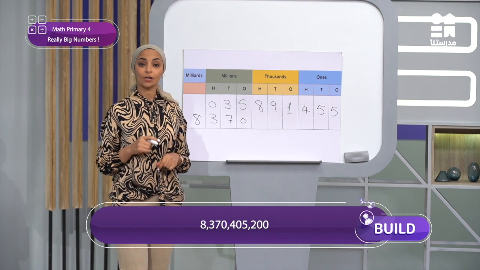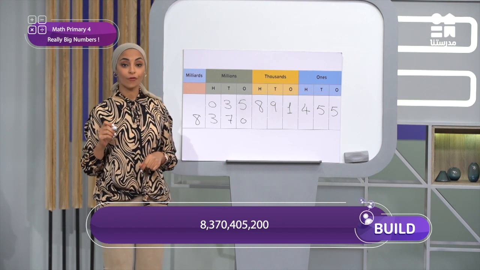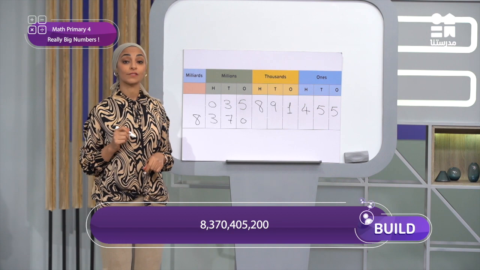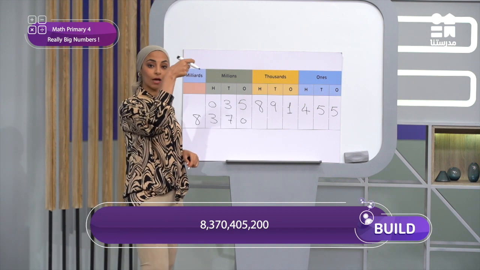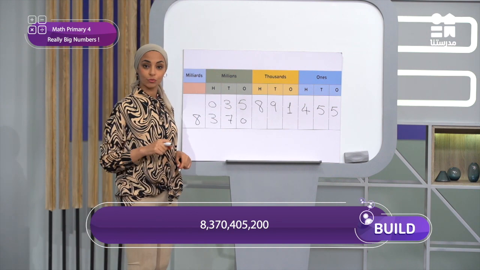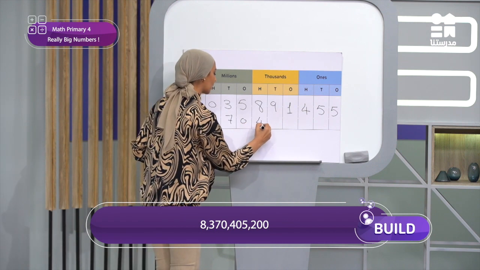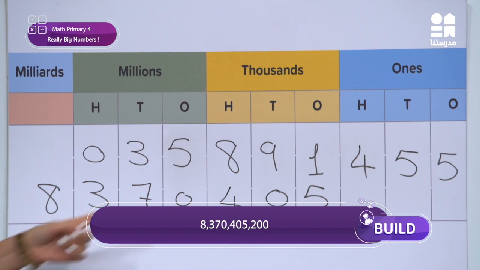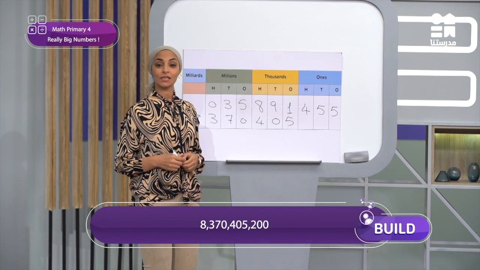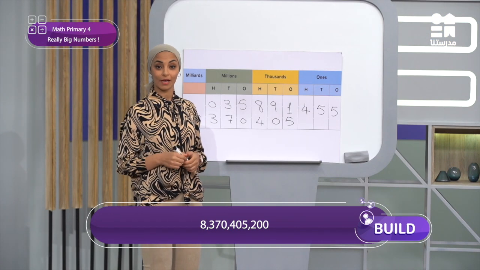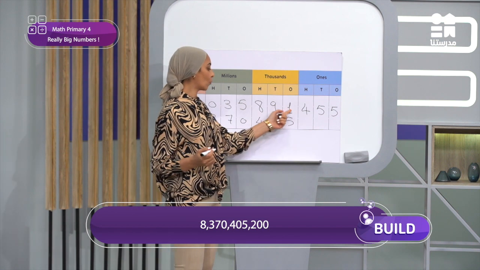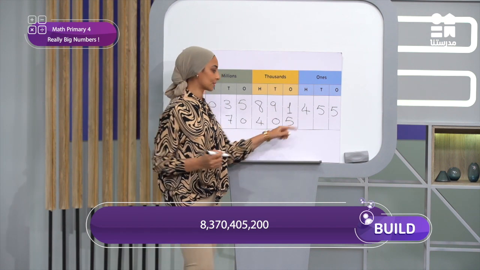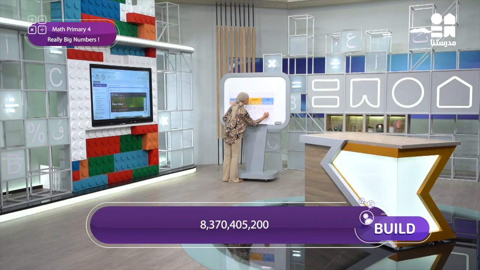As you see here, I have 405 what? 405,000. So I put the number under the thousandth house, okay? 405. Now let's move to the last house. What should you see here? Yes, I have 200 as you see. So where should I put the 200? Yes, like this, I will write it 200.